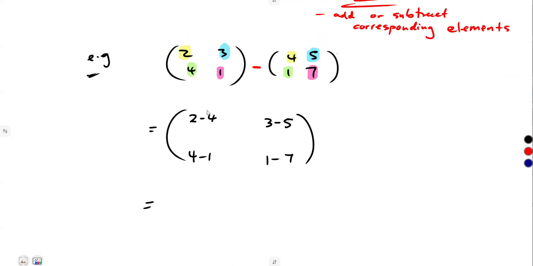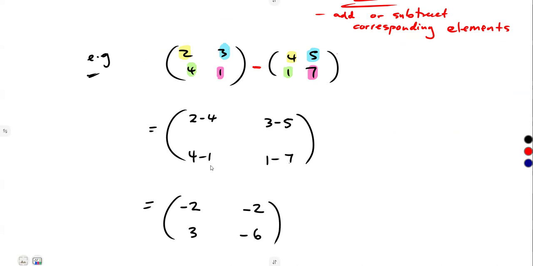2 minus 4, that is 4 minus 2, then you take the sign of the bigger number. 3 minus 5, that is 5 minus 3, then you take the sign of the bigger number. 4 minus 1, that's 3. 1 minus 7, that's 7 minus 1, which is 6, then you take the sign of the bigger number. So you need to consider how to add and subtract directed numbers.